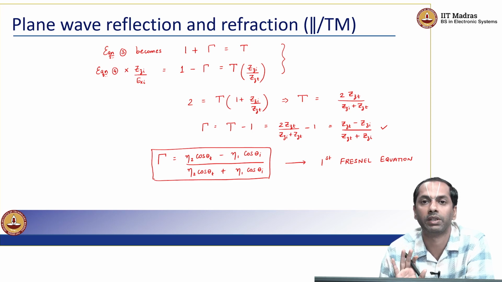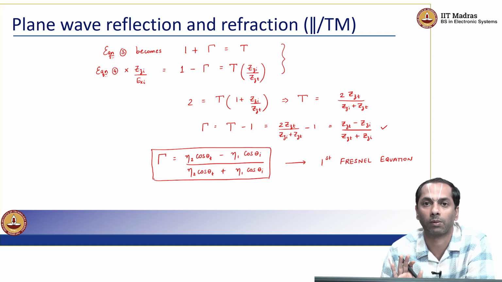But you should be convinced at this point that we have actually completely solved the plane wave reflection and refraction problem at the boundary. We started off by listing down what were the unknowns, which was H0r, H0t and theta I and theta t. The Snell's law relations from the phase matching condition solved for the angles, right.